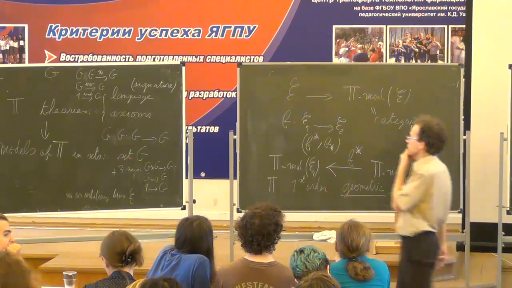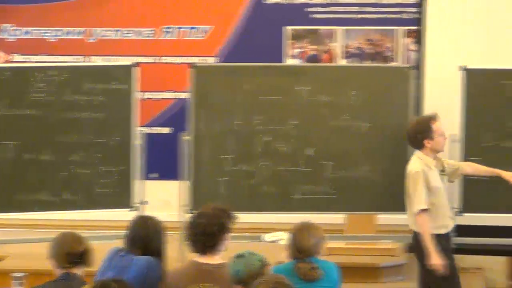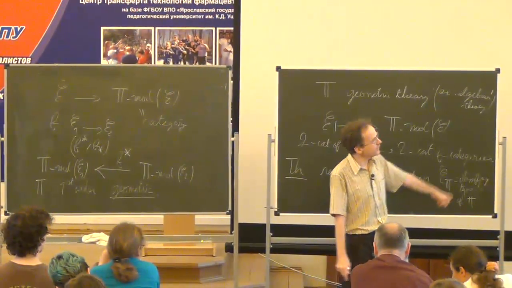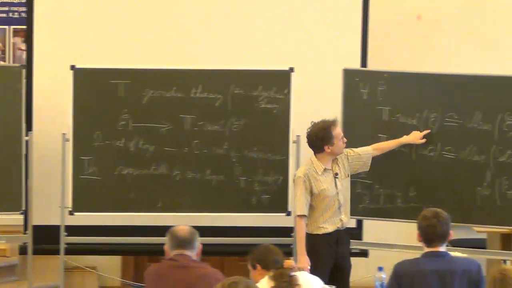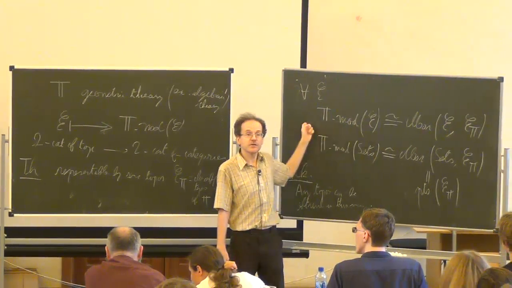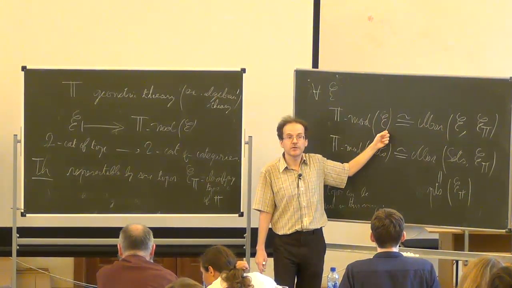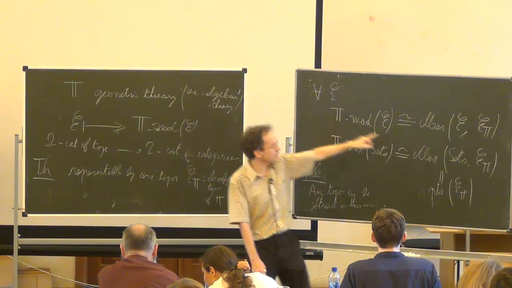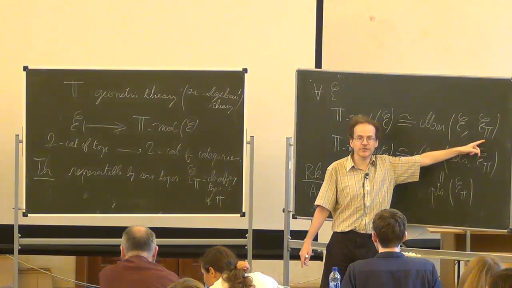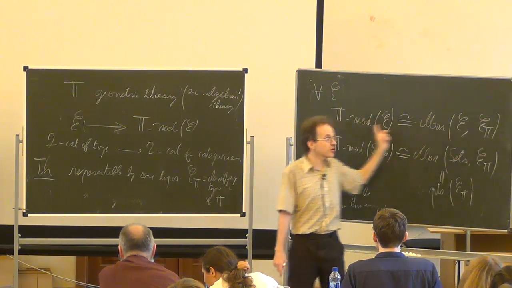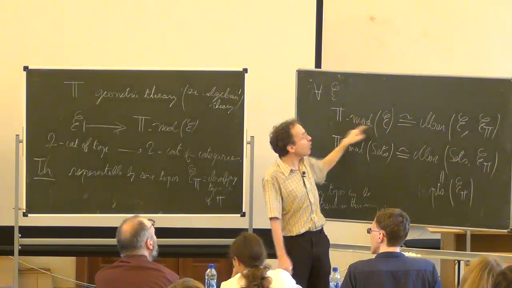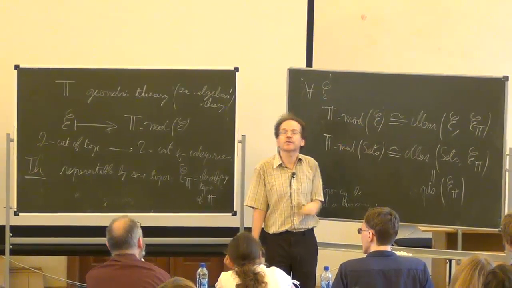And to know the classifying topos is the same thing as to know the category of models of this theory in an arbitrary topos. So what does it mean? It means that to know the classifying topos is equivalent to knowing all possible expressions of your theory.